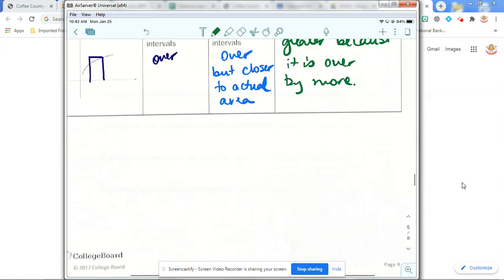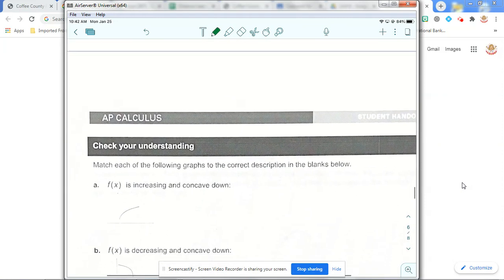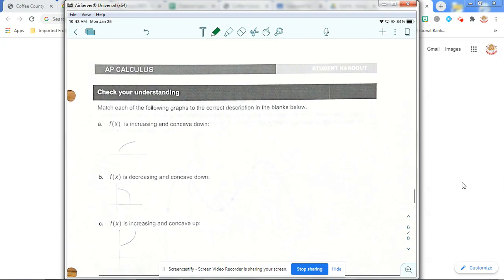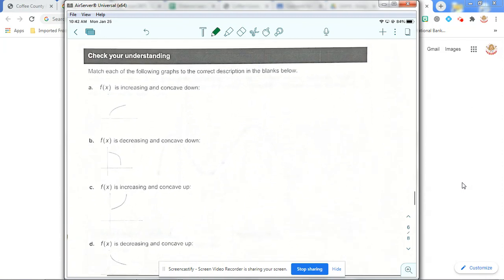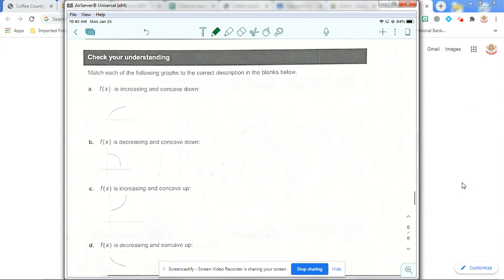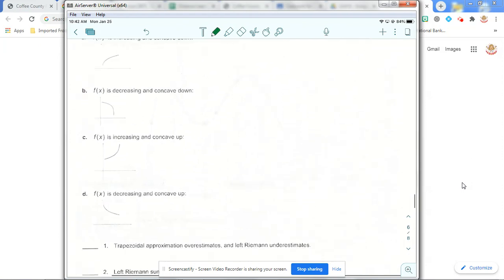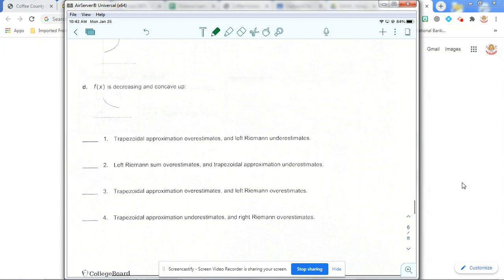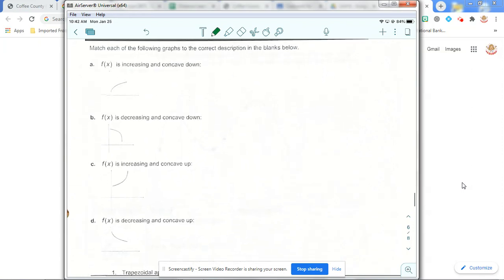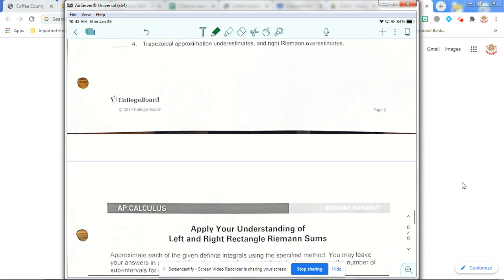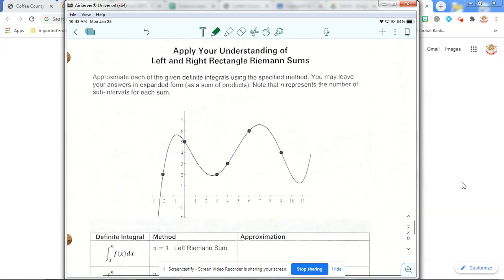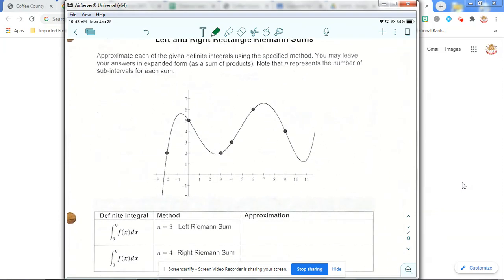Okay, so what I want you guys to do on your own is the rest of the packet. And so we have a check for understanding here, where you are matching the graph with the correct description below. Right, then you have another, it's kind of like what we did, but in reverse.